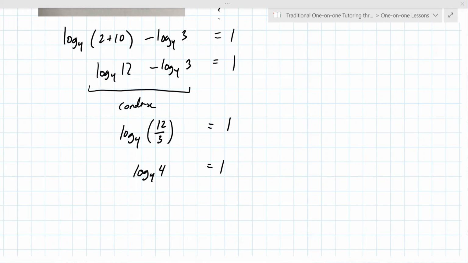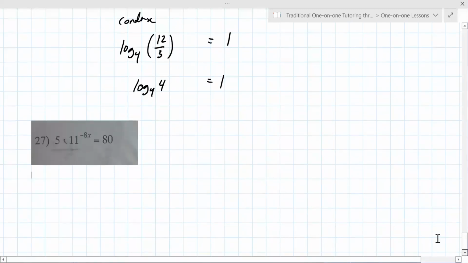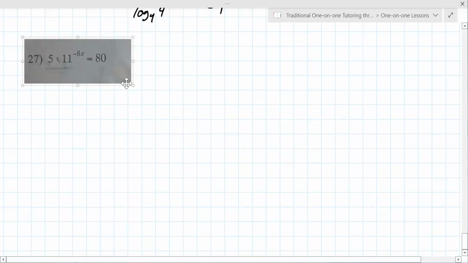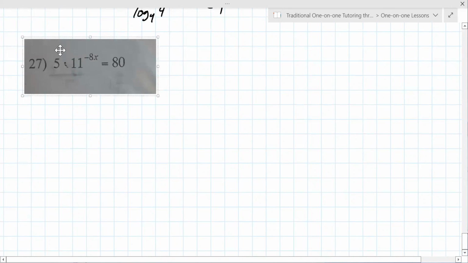Yeah, so these are very different. These are exponent questions. They're related, but we've done nothing like this thus far for today. All right, so here we go. We got 5 times 11 to the minus 8x equals 80.